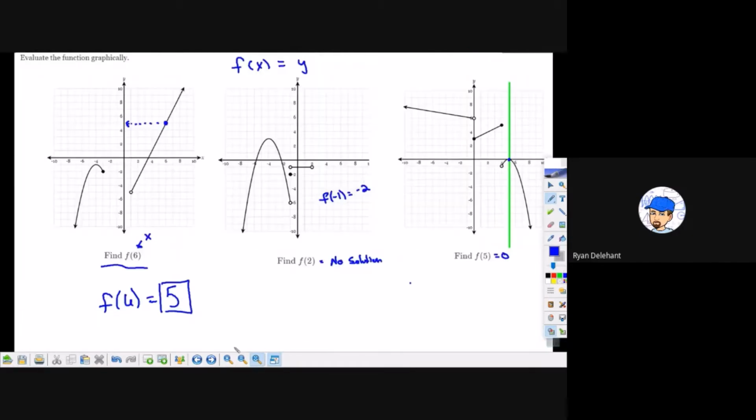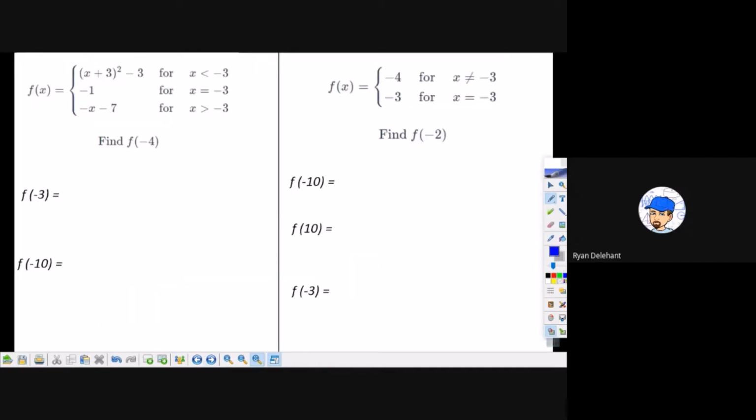The other main assessment type that we'll be looking at is plugging into these things. This is the one that will throw everybody off, okay? What you have to do is determine which equation to use based on the number that we have. So let's do f of -4. Just like before, these are x values.